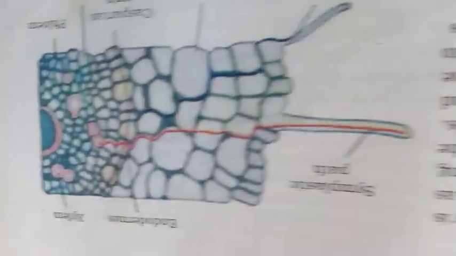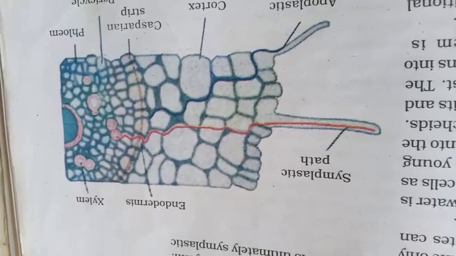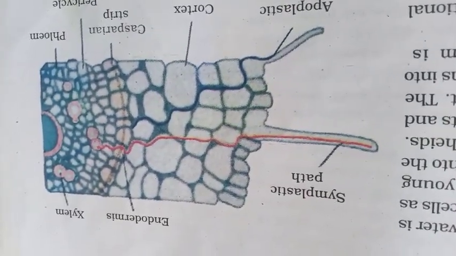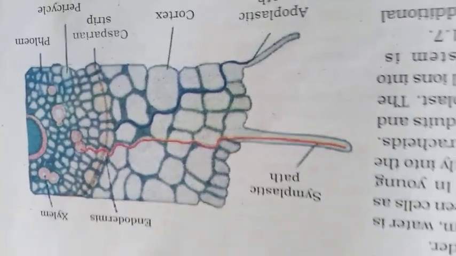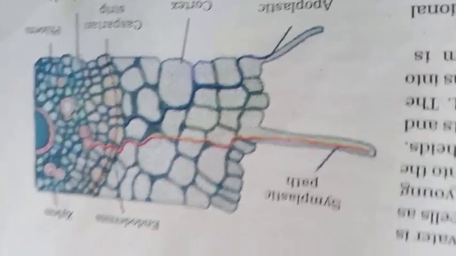In young roots, water enters directly into the xylem vessels or tracheids, which are non-living conduits and so are parts of the apoplast. The path of water and mineral ions into the root vascular system is summarized in the figure. Here you can see the extended part on the left hand side. It is the root that is responsible for absorbing water, and subsequently the water moves through the cells by the apoplast and reaches ultimately the xylem.